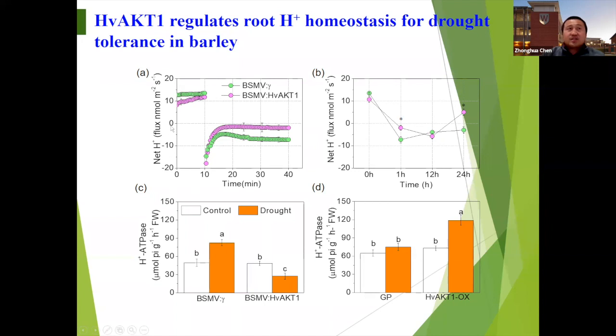The sign positive means efflux. So here you can see when you silence the AKT1, it actually affects the proton pump activity as well. The control plants show the negative ion flux. That means the proton pump is pumping protons out in order to take up nutrients like potassium, calcium, and other nutrients.